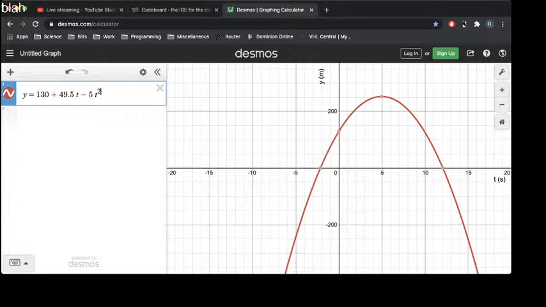So I need the zeros of the parabola, which are right here and right here. Notice that one of the times is negative. That is unphysical, because the mortar doesn't land in the past. It lands in the future, so our time elapsed is positive, and we can see that the time at which we reach the ground is at about 12 seconds.